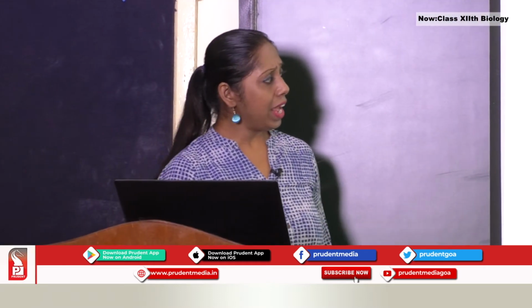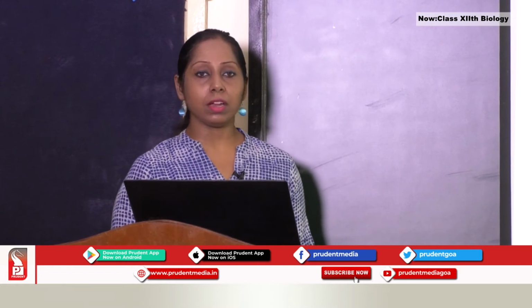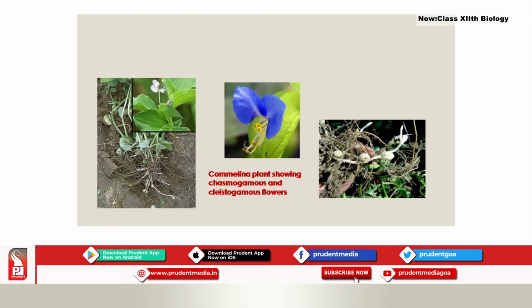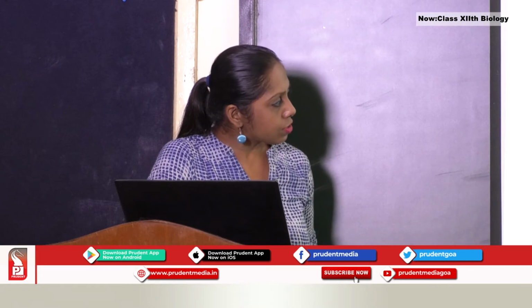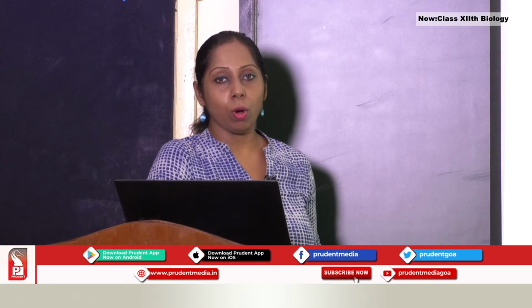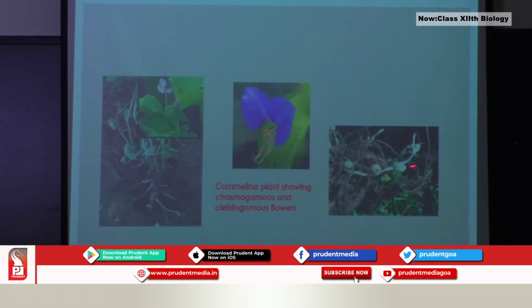So why are we talking about the Commelina plant here? This is the open flower or the chasmogamous flower, which is a bisexual flower. So it can show autogamy. Now, closed flowers, also known as cleistogamous flowers, will only show autogamy, and will never be able to show any other type of pollination. Why? Because they are closed, they never open.